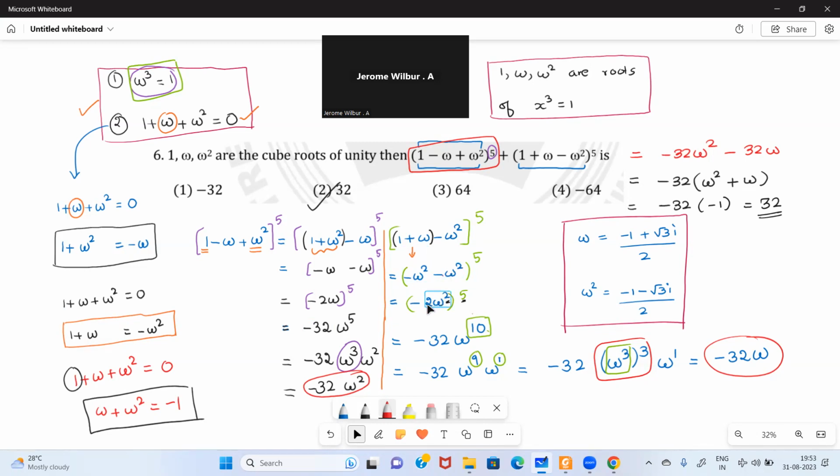So we add both, so we get minus 2 omega square whole raised to 5. So we multiply 5 into minus 2 raised to 5 and omega square into 5. So we get minus 32 omega raised to 10. So we separate the omega 10 into omega 9 into omega raised to 1.